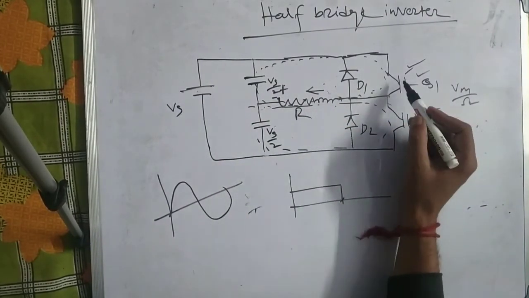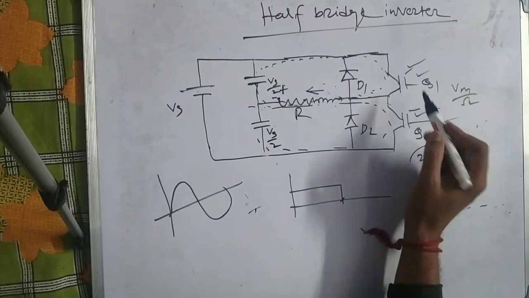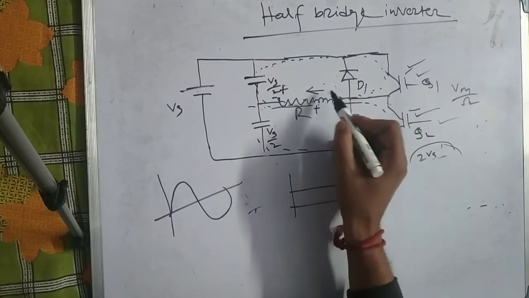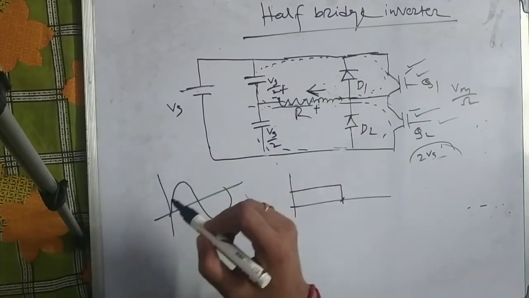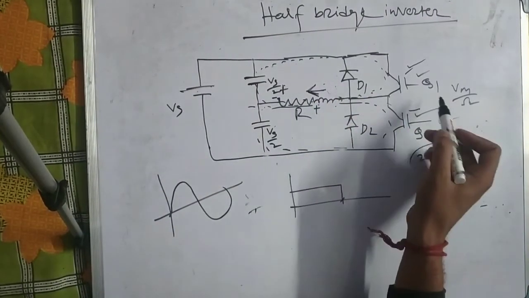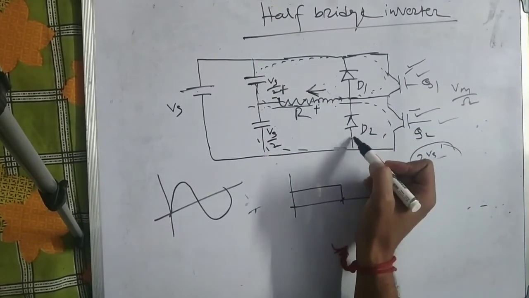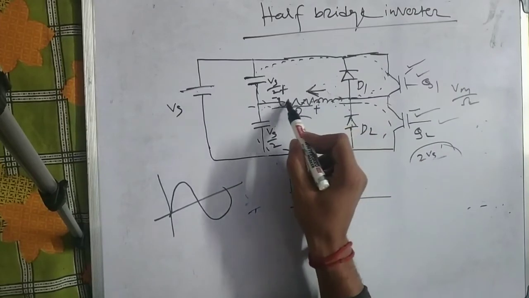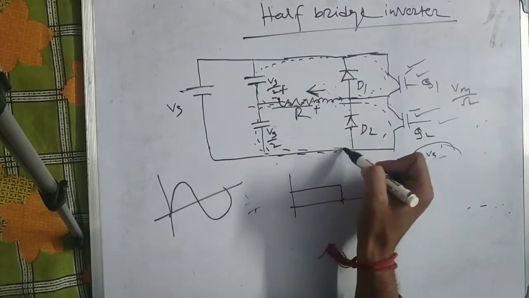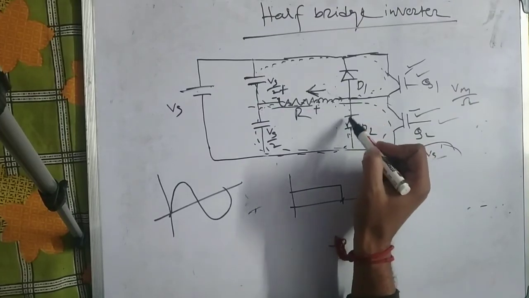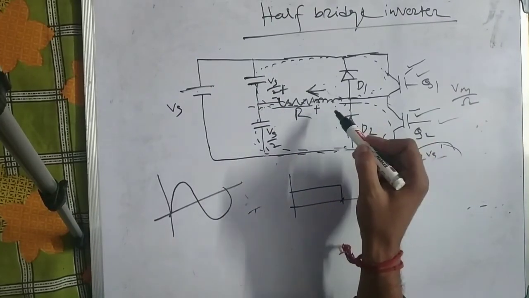So you are switching on this switch, but the inductor will change its polarity so that the current will flow through this at the moment when you switch off Q1. At that time current will flow through D2 and the switch. The current flows through D2, which acts as a freewheeling diode.